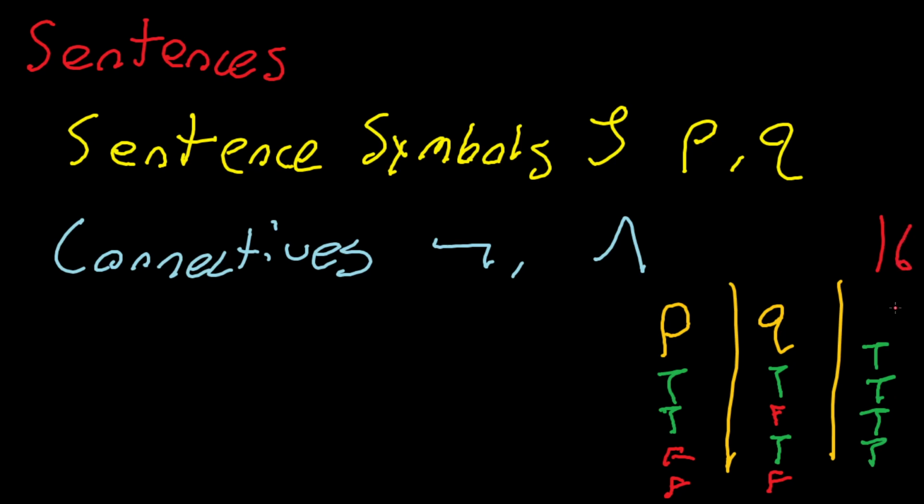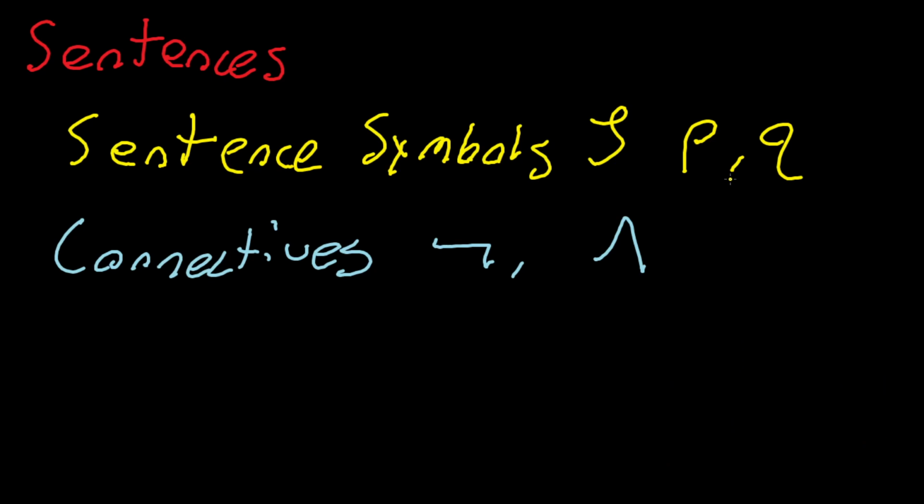And it might be worth trying, if you haven't seen this before, to write all of the 16 possible arrangements of true and false on the right-hand side here for the conjunction P and Q, only using ors and nots and ands. But either way, I won't go through the proof. It can be done, and thus it's not necessary to include any connectives in our language besides and and not.